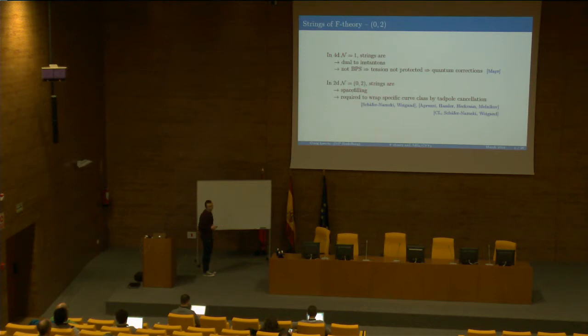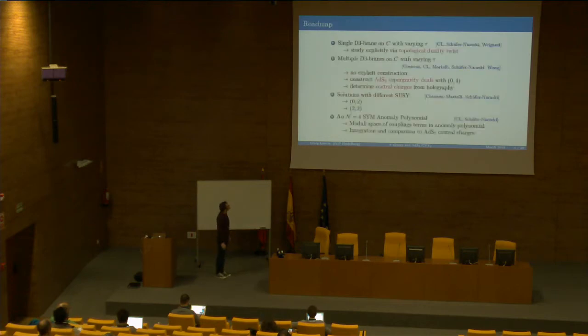So now that hopefully I've motivated you as to why we might be interested in the kind of field theories that are going to be dual to the AdS solutions that we have, let me tell you what we're going to say for the remainder of the time. So in the first case, you can do something directly in a field theory case. That's if you take a single D3 brane and you wrap that D3 brane around a curve. Then we have field theory tools that allow us to do something there.